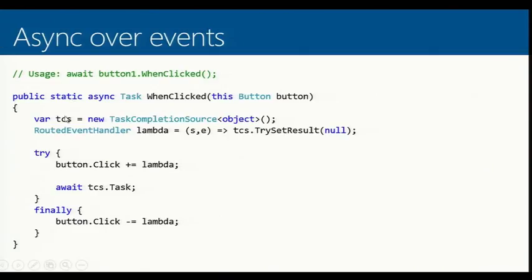It creates a TaskCompletionSource, signs up a handler, awaits for the task to be finished, and then finally it unsubscribes the lambda. So it's a very powerful mechanism, a very common one that you'll be writing very often. What we've done is take event-based code that fires a completed event or a click event, and we've wrapped it up into a task-returning awaitable method.